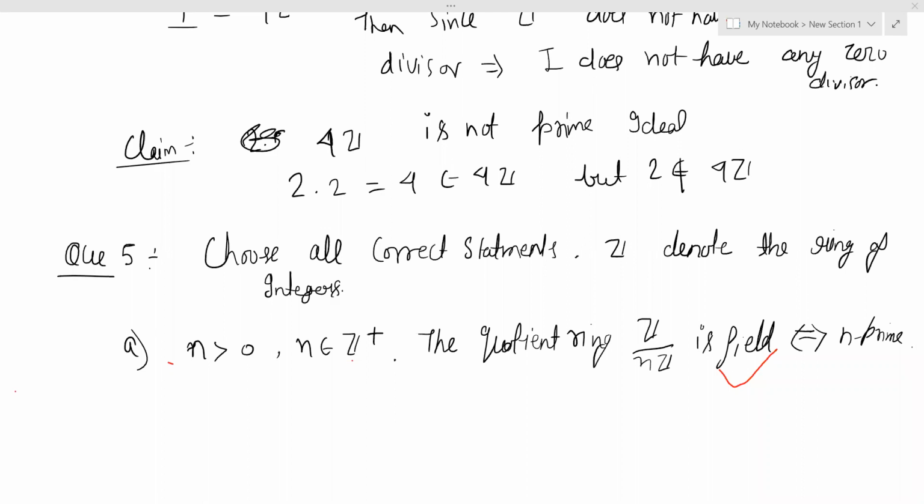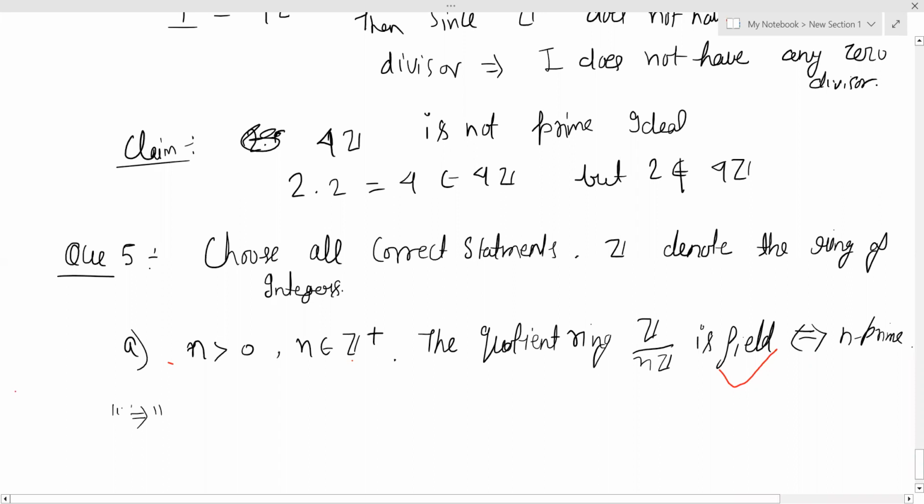Suppose Z mod nZ is a field, then claim that nZ is a prime ideal. How will you claim? You want to use maximal ideal. nZ is a maximal ideal if and only if n is a prime number.